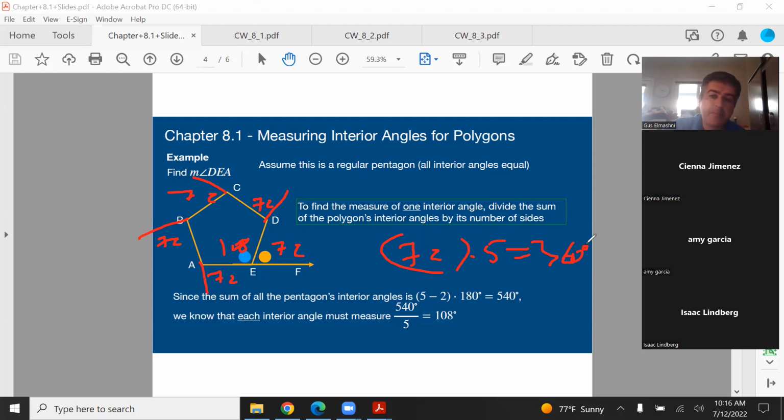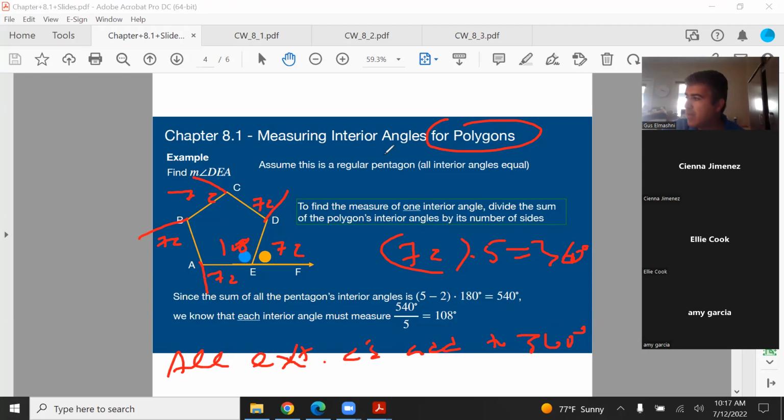By the way, for any polygon you have, the exterior angles will always add up to 360, regardless of how many sides you have. If you have more sides, then the exterior angles just get smaller. That's all.